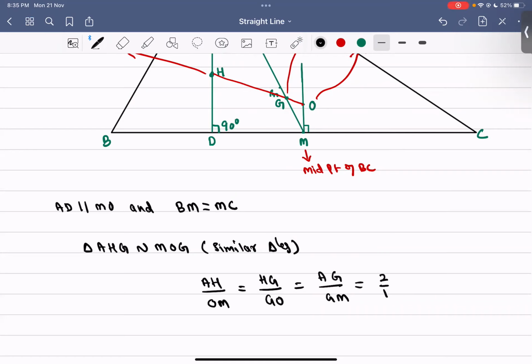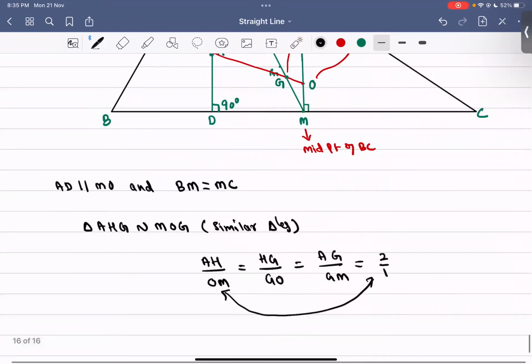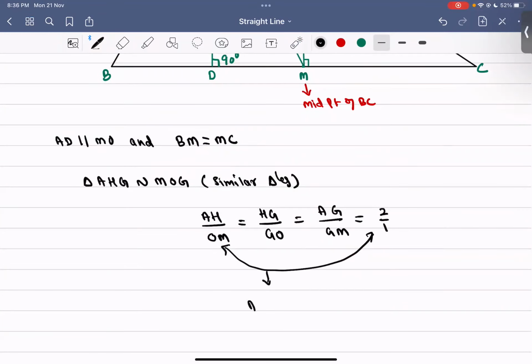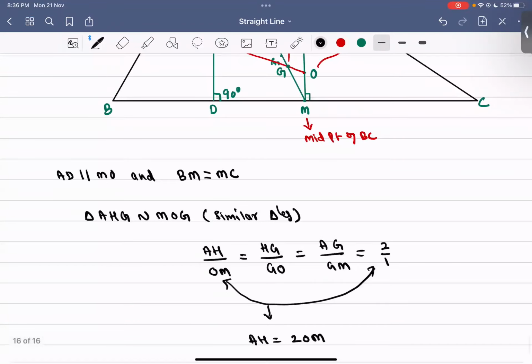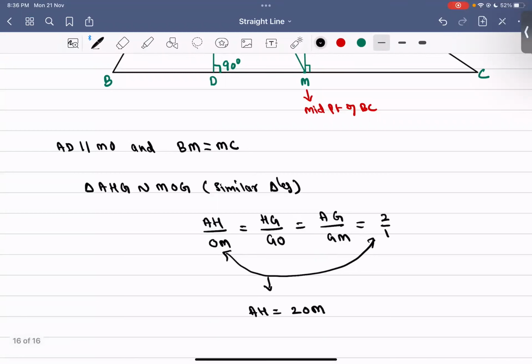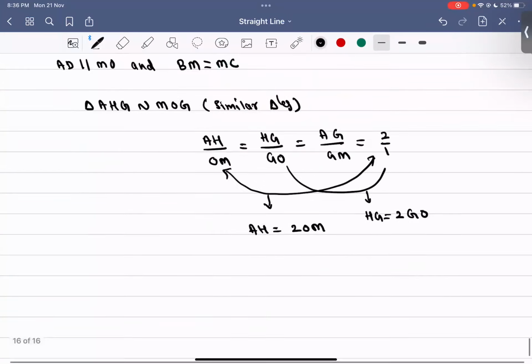Now from these two things, what can we write? AH is equal to 2 times OM. So next, HG is equal to 2 times GO.